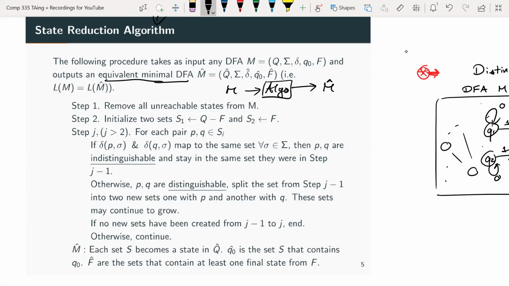The first thing that the algorithm tells us to do, step one, is to remove all unreachable states in M. Remember, unreachable states are the states that, when you start in Q0, no matter what the input string is, there is no computation that goes to that state.